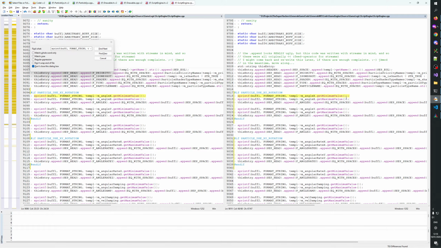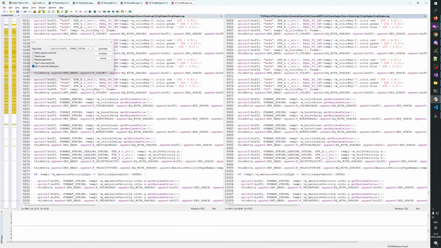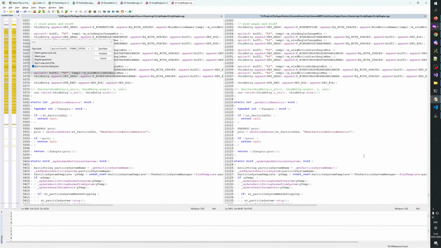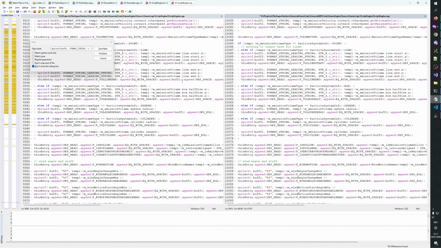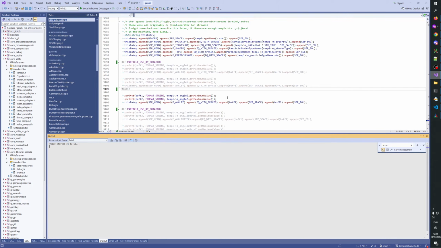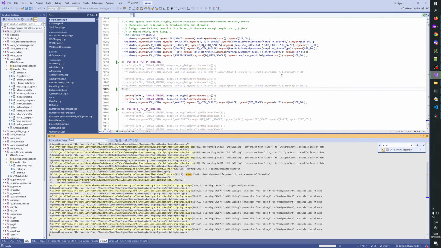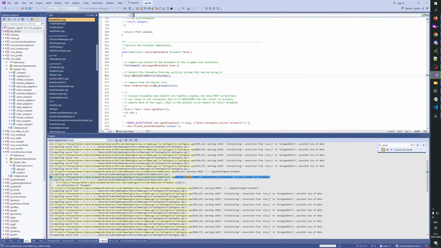Particle use XY rotation. Okay, let's see what else we have. Well, did we not save? No, we did. Let's try again. I think we probably also need to update the particle editor tool because that also has these angles in there.